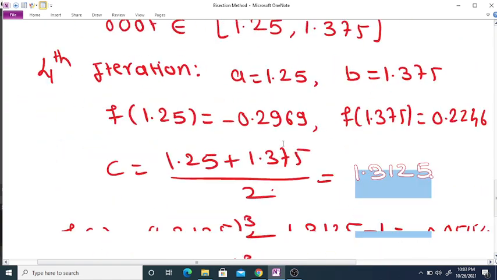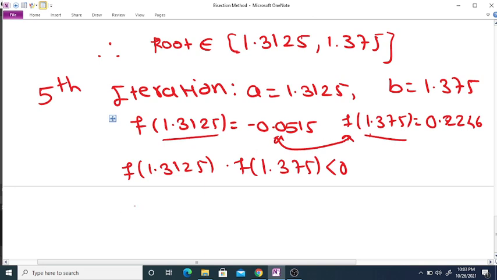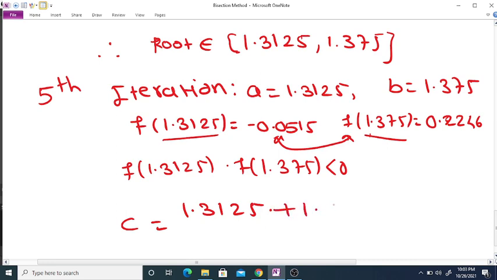Now we are going to determine the next value of c. c is equal to 1.3125 plus 1.375 divided by 2.